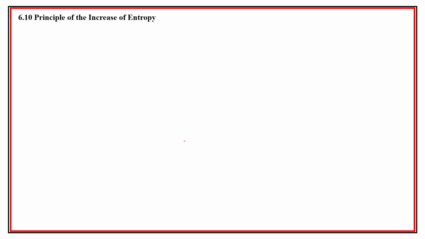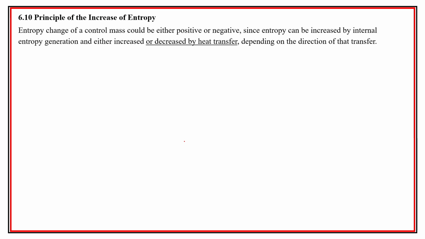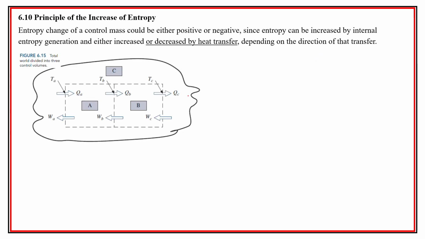I'll keep going. Boom. All right, so entropy change in a control mass can either be positive or negative, since entropy can be increased by an internal entropy generation, right, because of the process, and either increased or decreased by the heat transfer, depending on which direction of that transfer. So the point of this is we want to make our boundary maybe really large and incorporate the world, right?